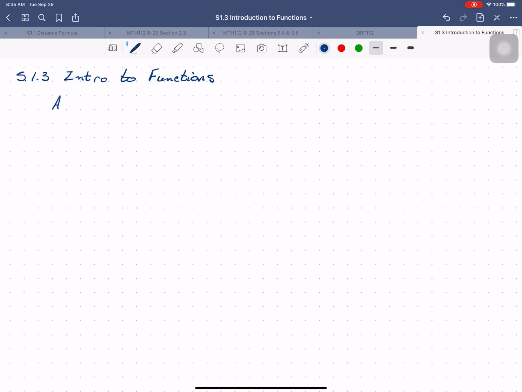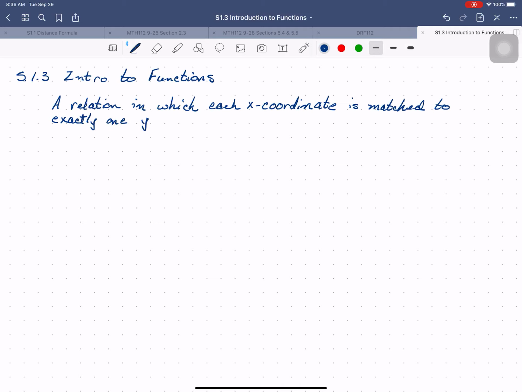So one way to think about this, and this comes from your text, is a relation in which each x coordinate, or each x value that is placed into that relation, corresponds with, or is matched to, exactly one y coordinate.